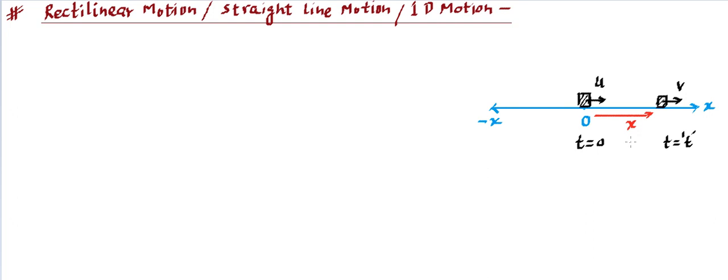We will be changing our notations, since the entire motion and all the variables or definitions that we are using are along the i direction, i cap or minus i cap, isn't it? So instead of writing vector terms, we can usually write their letters without the vector symbol.